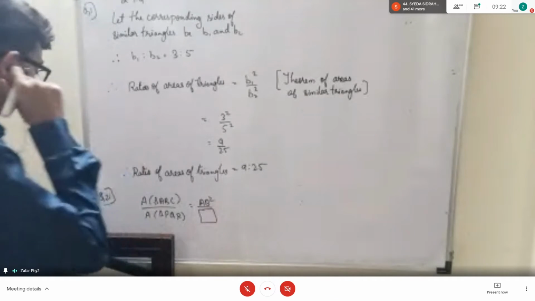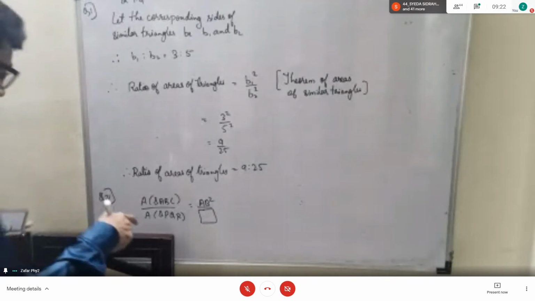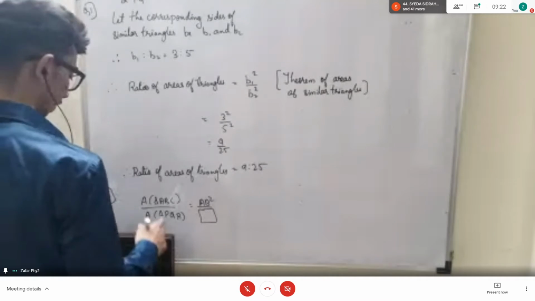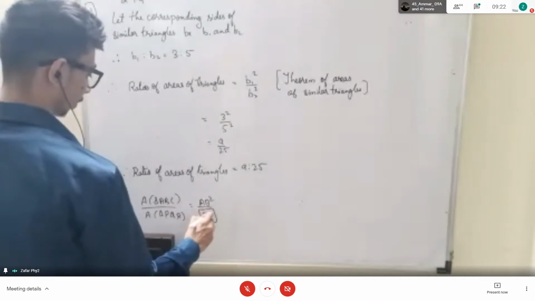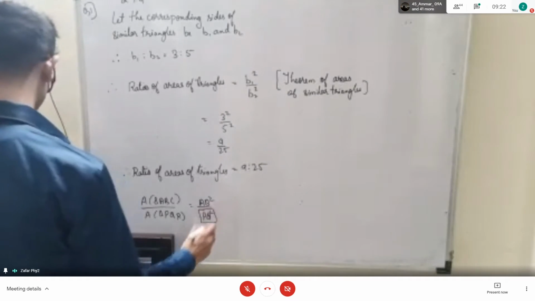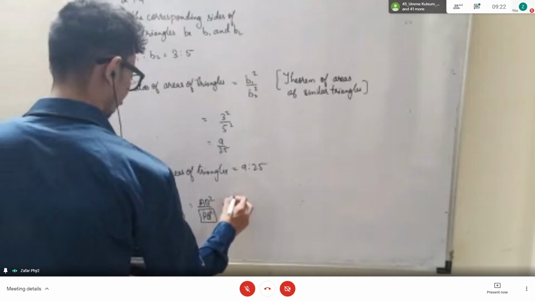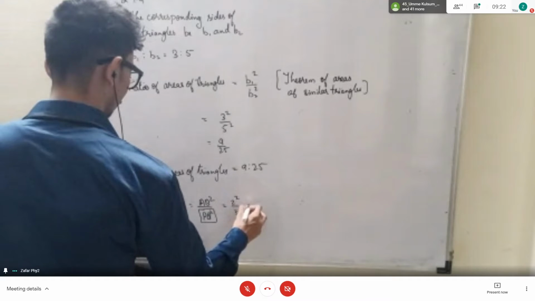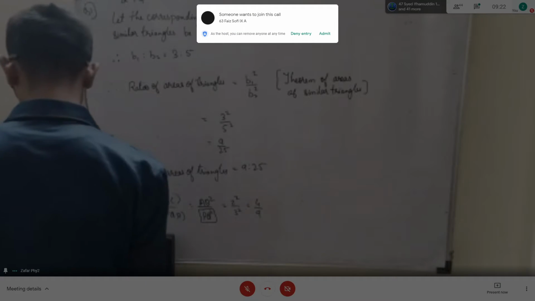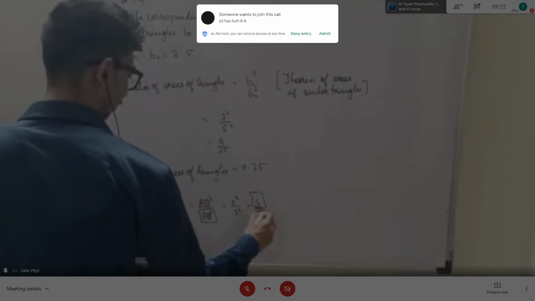What will come here? AB square by PQ square, and the values are 2 by 3. So 2 square by 3 square, that is 4 by 9. So fill the boxes and question over.